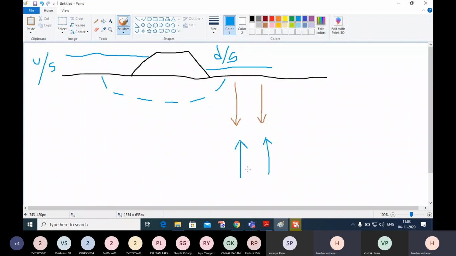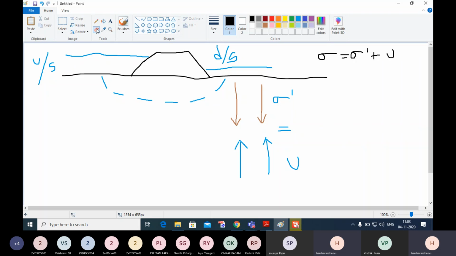So when the pore pressure is acting in upward direction, if the pore pressure is more, then at some instant it may become equal to effective pressure. I have told you, the total pressure acting on the soil is resisted by pore pressure plus effective pressure.